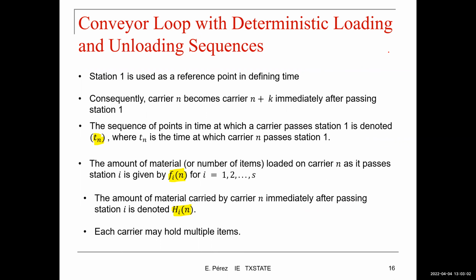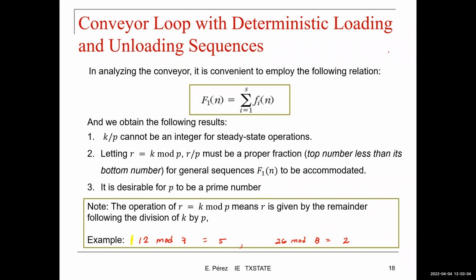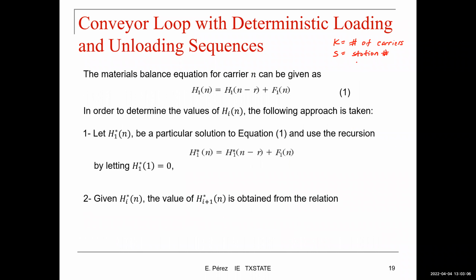And we are going to use I to denote the stations, right? So I is used to identify the station. N is used to identify the carrier.